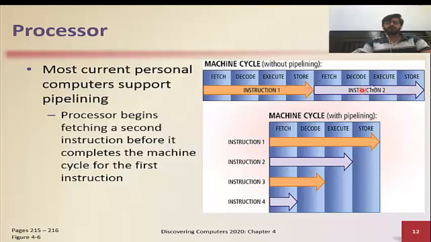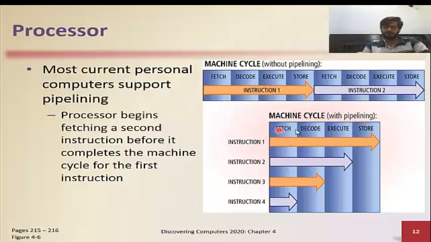When the first moves forward, then the second comes. So that is the first in, first out condition. That is called the without-pipelining approach, and most processors nowadays do not work with this type of technology. Nowadays processors are working with a pipelining approach.